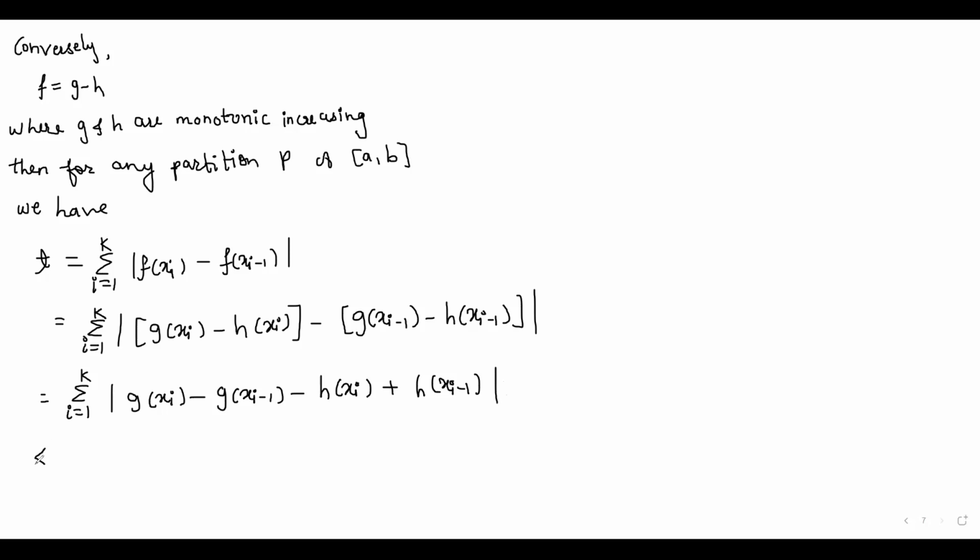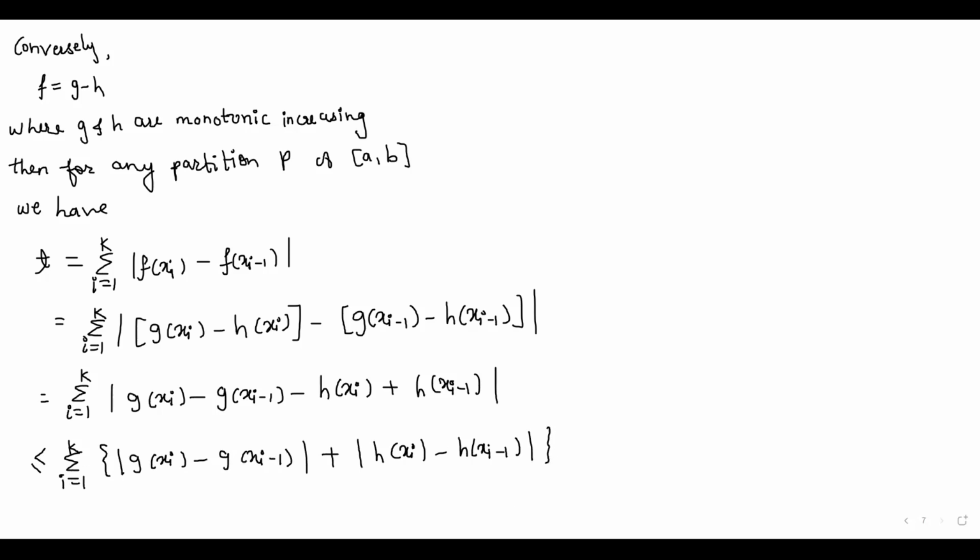So this is less than or equals to summation i from 1 to k mod of g of xi minus g of xi minus 1 plus mod of h of xi minus h of xi minus 1.